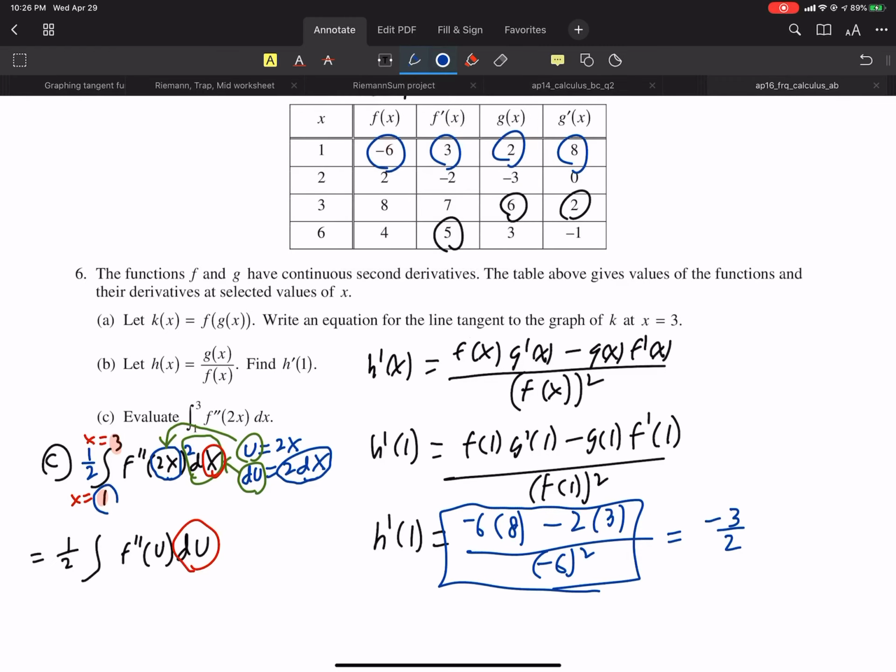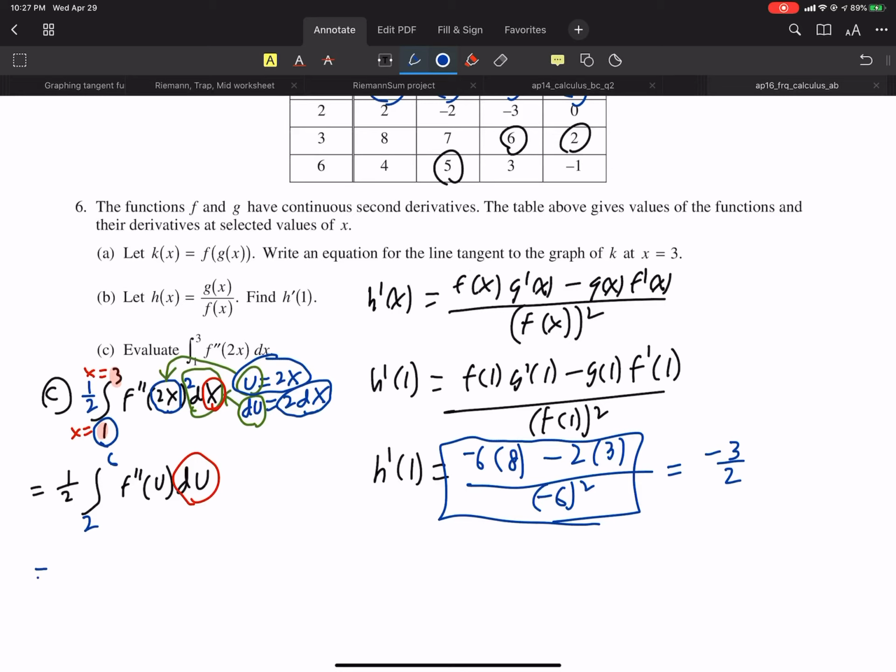So plug in 1 into this equation, and u comes out to be 2. Plug in 3 into this equation, u comes out to be 6. Nice, nice. What's the antiderivative of f double prime? It's f prime. That's easy. Easy peasy.